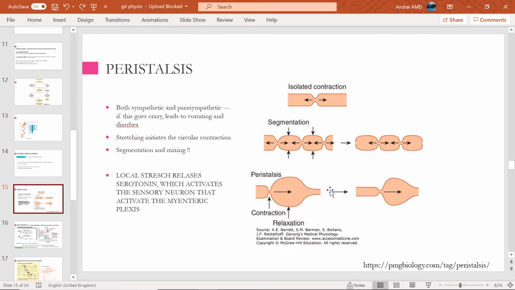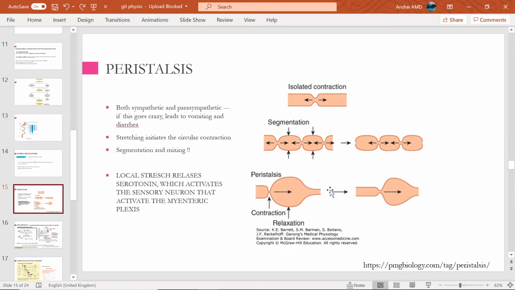Then when there's a bit formed, a room formed, it just contracts in the middle. What happens is that the food bounces, and that makes the food mix. So this is mixing: segmentation, peristalsis.